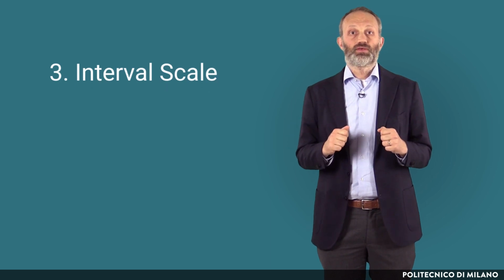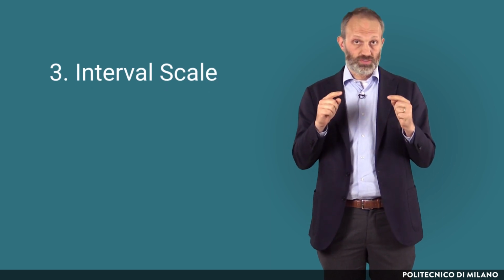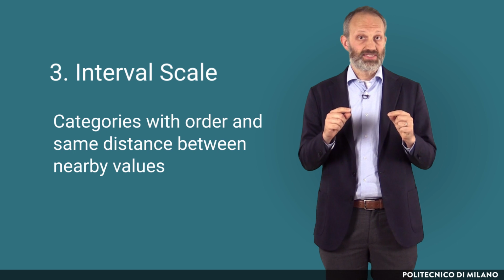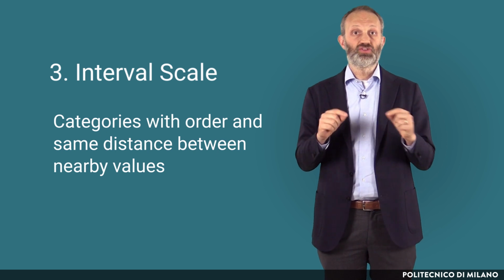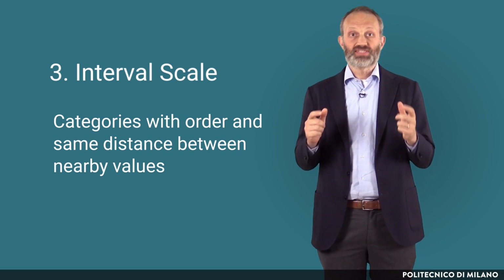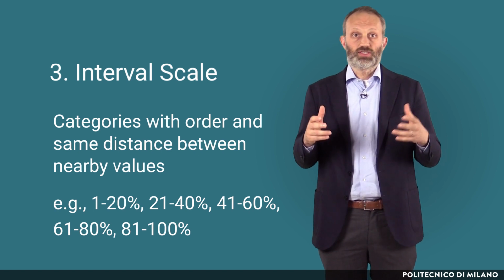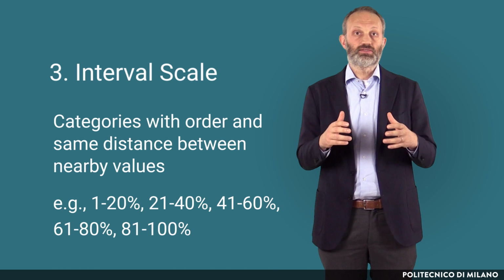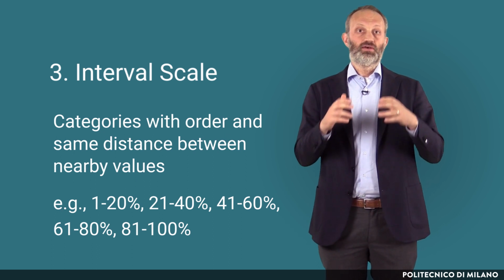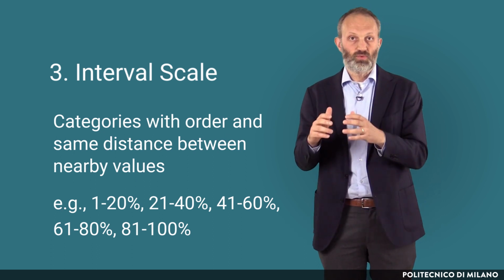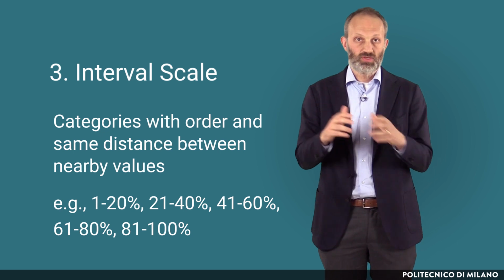Interval scale, when categories are not only ordered, but also have the same distance between any couple of nearby values. For example, if we define categories related to percentages, such as 1 to 20%, 21 to 40%, 41 to 60%, 61 to 80%, 81 to 100%.